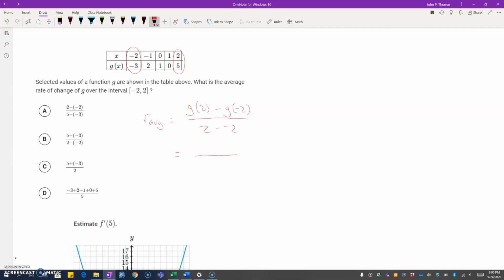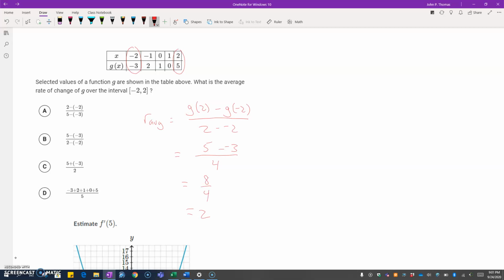If I clean that up, I've got 2 plus 2, which is 4. And on top, I've got g of 2, which is 5, minus g of -2, which is -3. Minus minus is a plus, so we really have 8 over 4, which is 2.